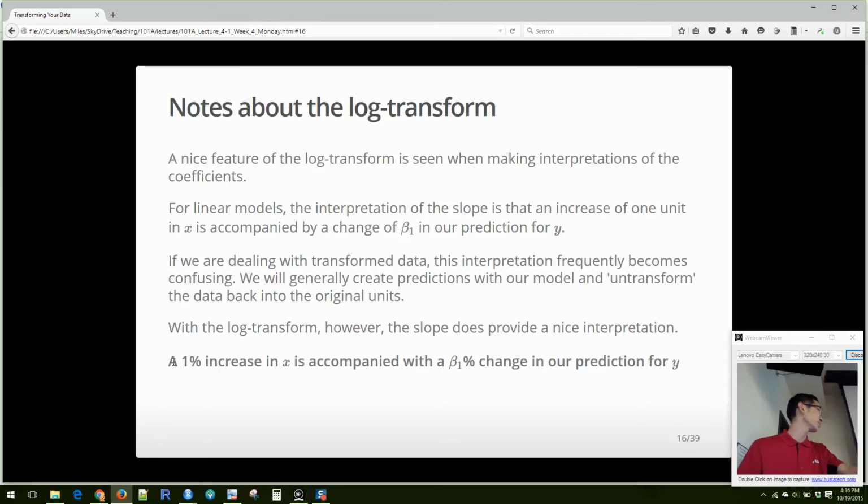But overall, this is a pretty good understanding. Changing x by 1% will translate to a change of y by beta 1%. So you do have a nice interpretation of the slope for the log transform.